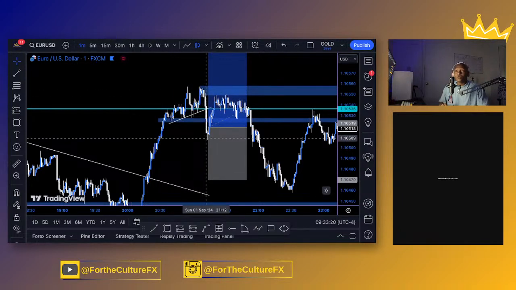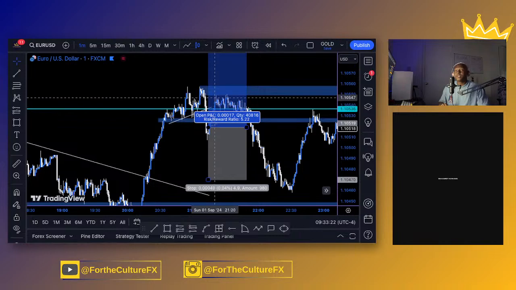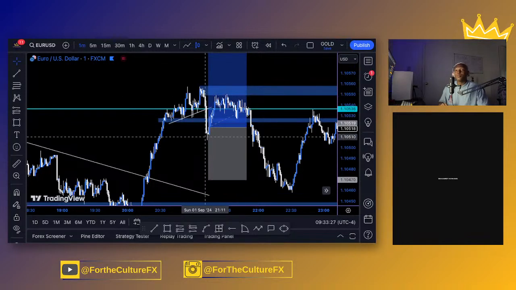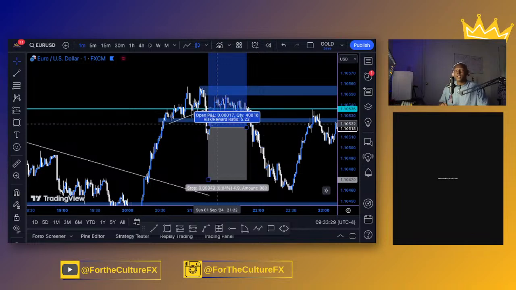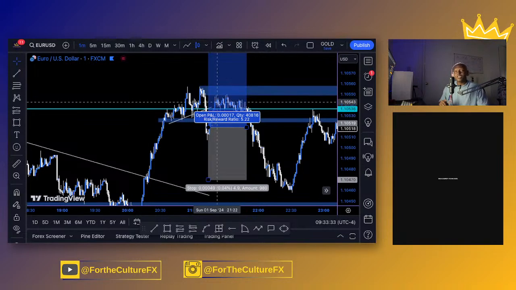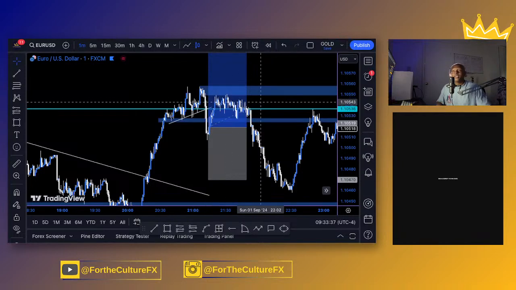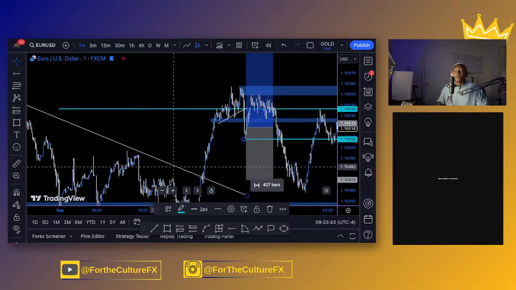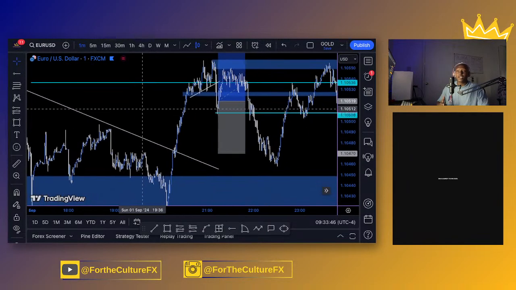Then price comes back to the starting bearish candle that started the break of this low. If price can't break that level and shows signs of resistance, this is a good sign that price is going to continue pushing down, break this low and continue down.